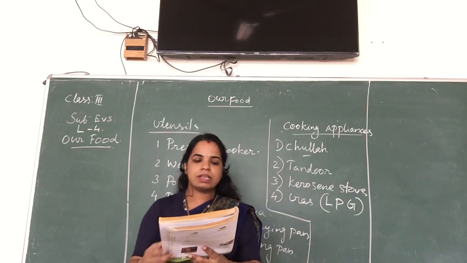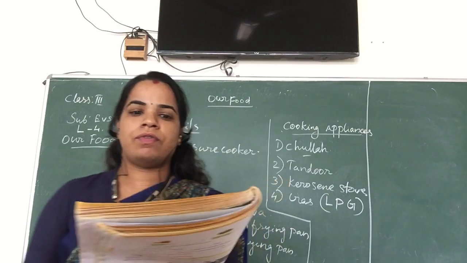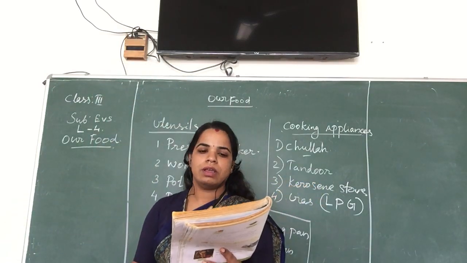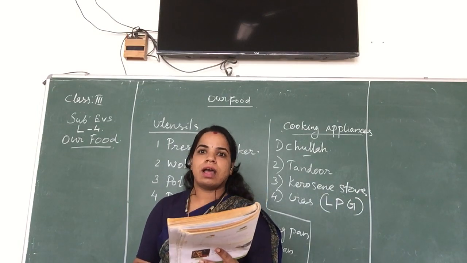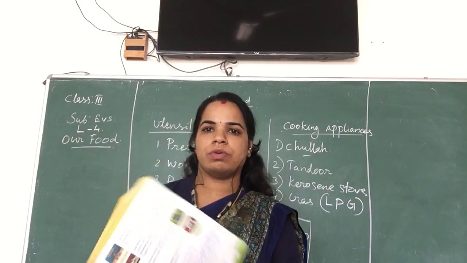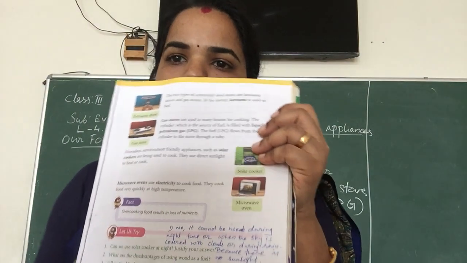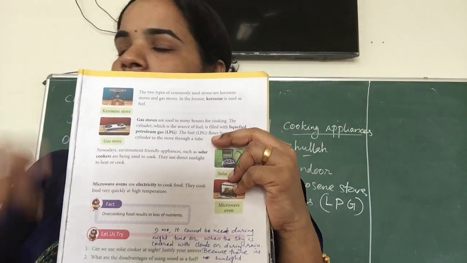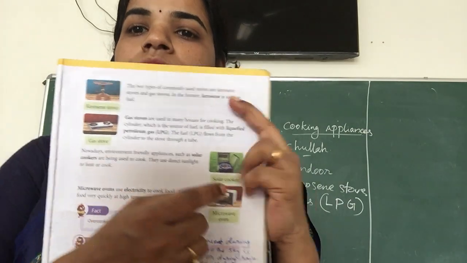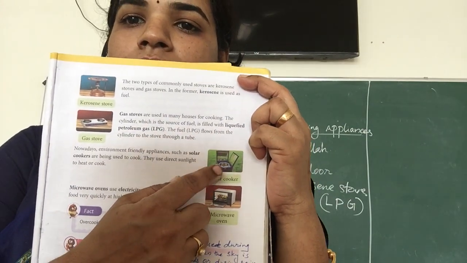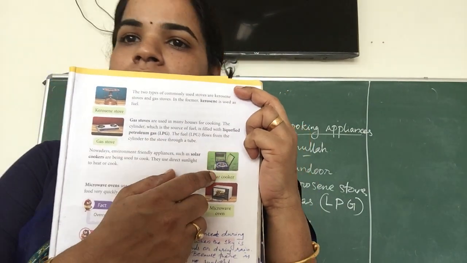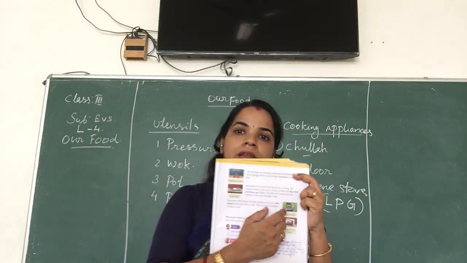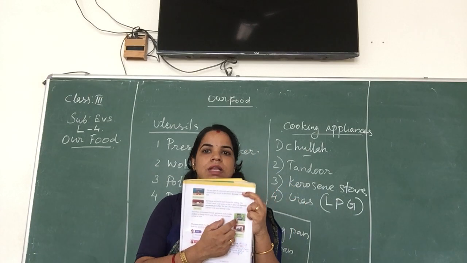The next one is that nowadays environment friendly appliances such as solar cookers are also used. They use direct sunlight to heat or cook. Nowadays, for the purpose of protecting our environment, we are using the solar cooker, preparing food by using direct sunlight. But there are merits as well as demerits.